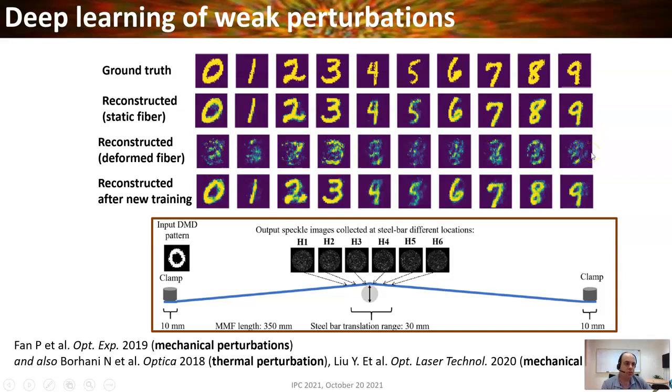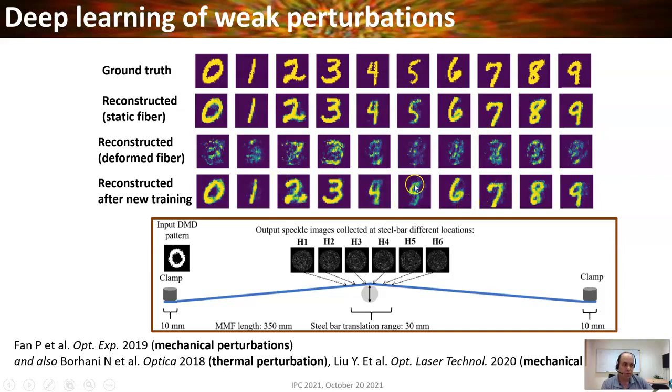Once the network was trained to learn the input-output relations for multiple positions around the rod, then the network was able to reconstruct back the digits. The problem is that with the moving rod, it is quite difficult to train the network on many different configurations.